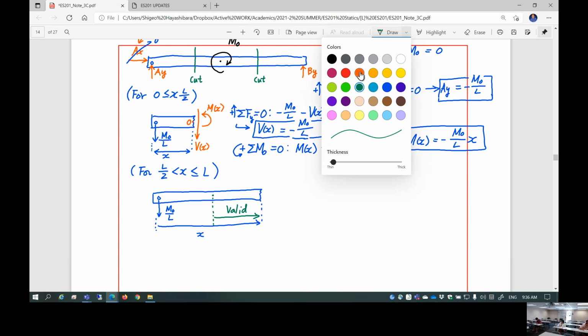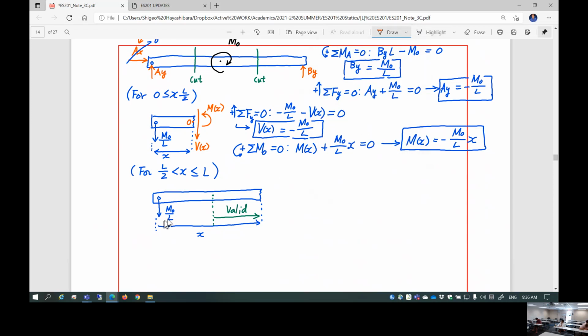Whatever equation you get out of this cut, you cannot apply in the other range. Obviously, X is always X, measured from point A to the right. Of course, you already have those equations in the other range.